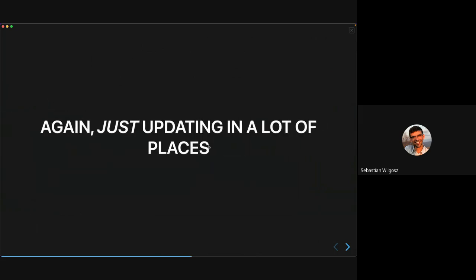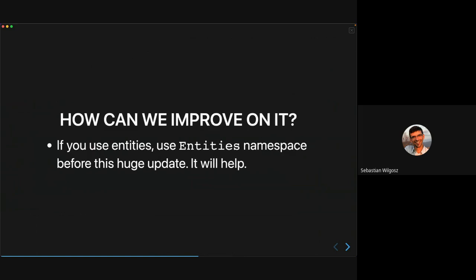So this is just updating, but in a lot of cases. How can we improve on it? My suggestion is, if you use entities in the project, consider wrapping them in the entities namespace before the actual ROM upgrade or the Hanami upgrade.